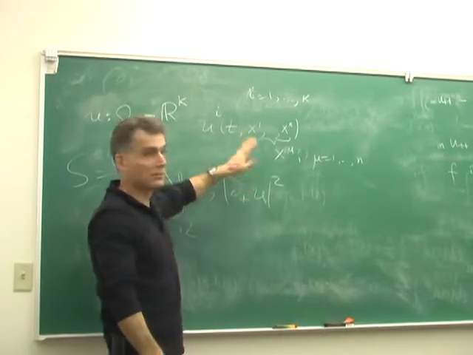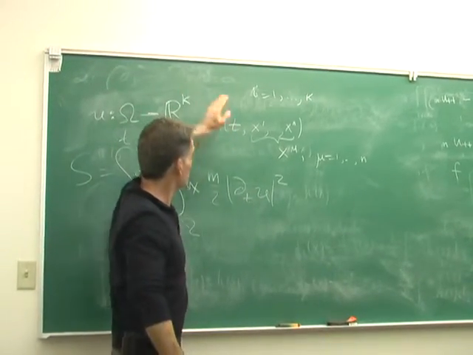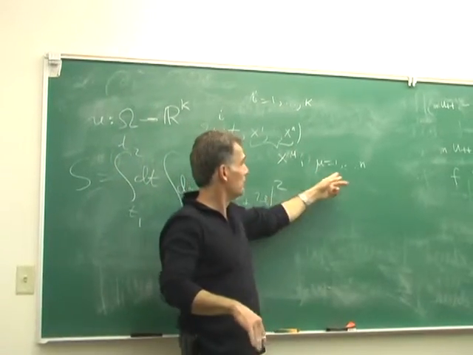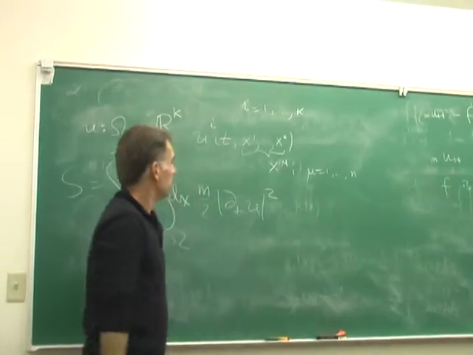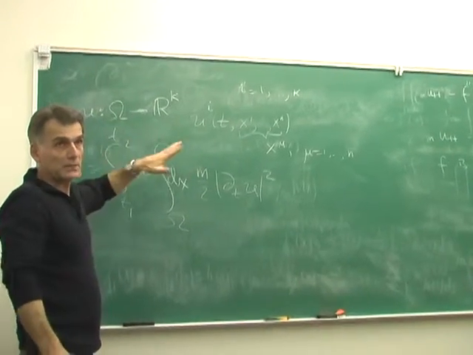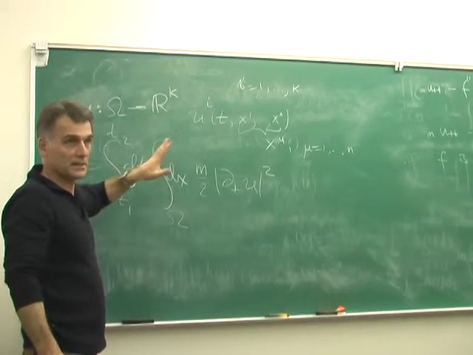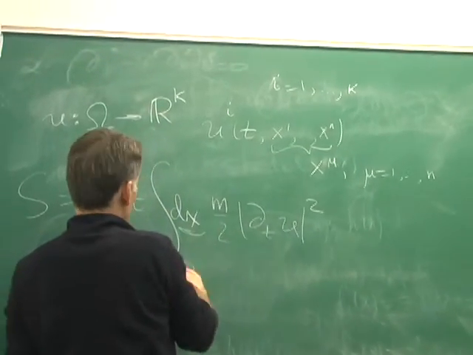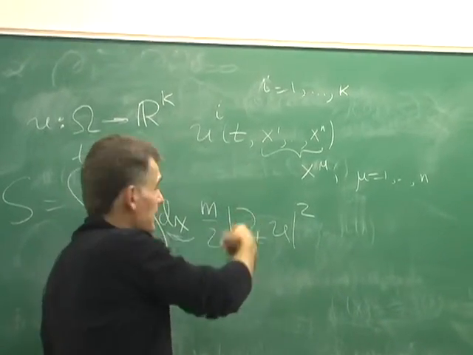So then there is no confusion. Latin i means from 1 to k in the bulk space, and mu means the coordinates on that brane. Make sense? Okay. Then of course this is an integral in this n-dimensional space.